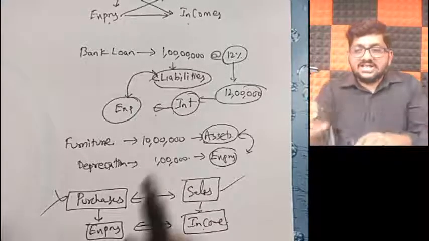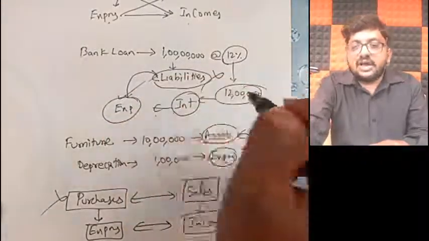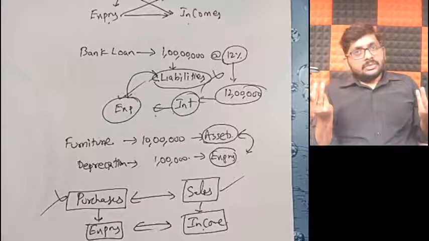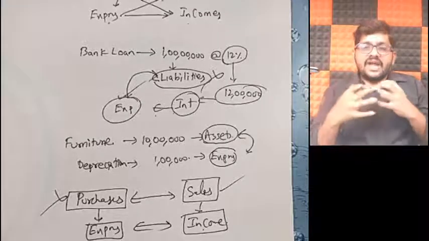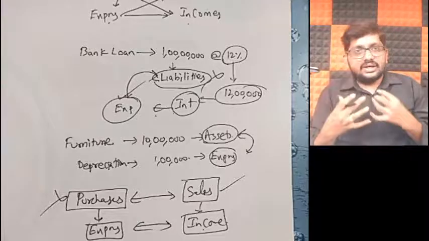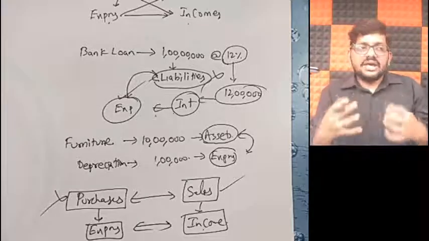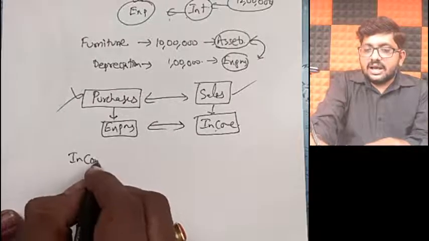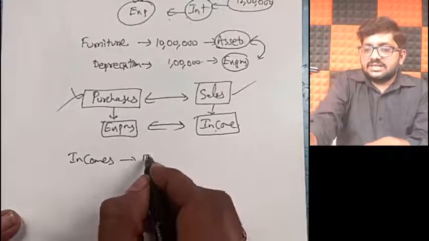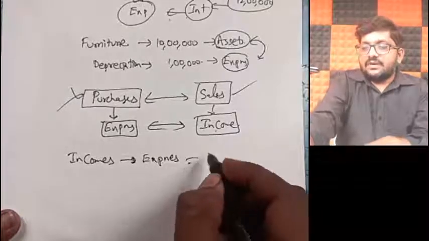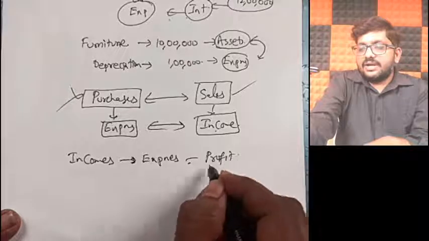Not possible. Imagine you don't have a liability at all, but still you are paying interest expense. How? Able to understand, friends? So it means whatever we are doing in the business, they will have matching with each other. And finally, when we match our incomes with our expenses, we will be getting our profit.